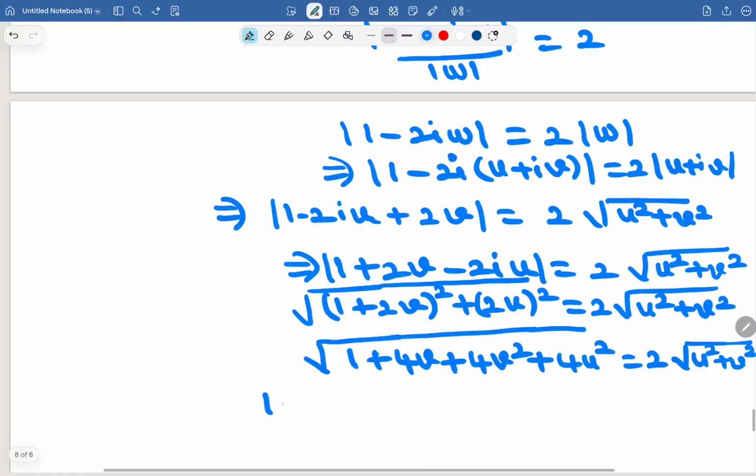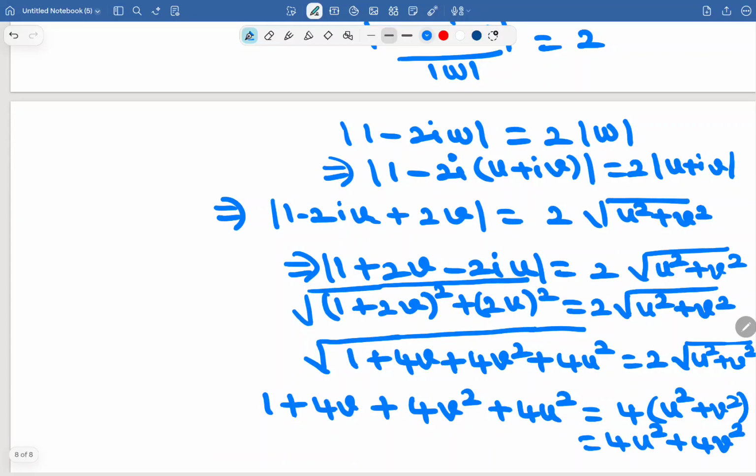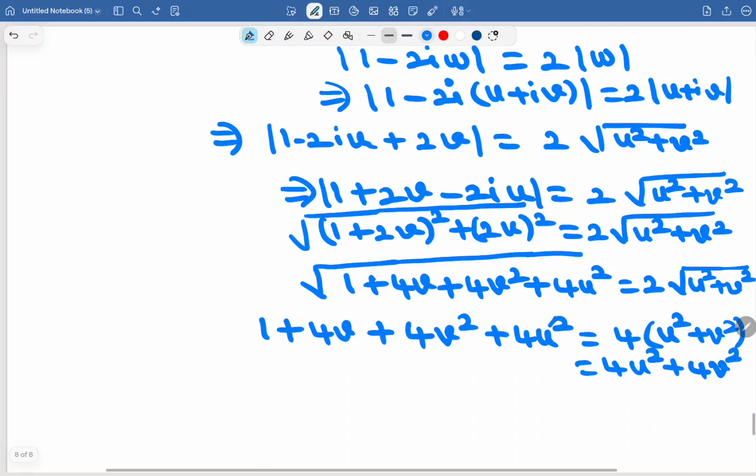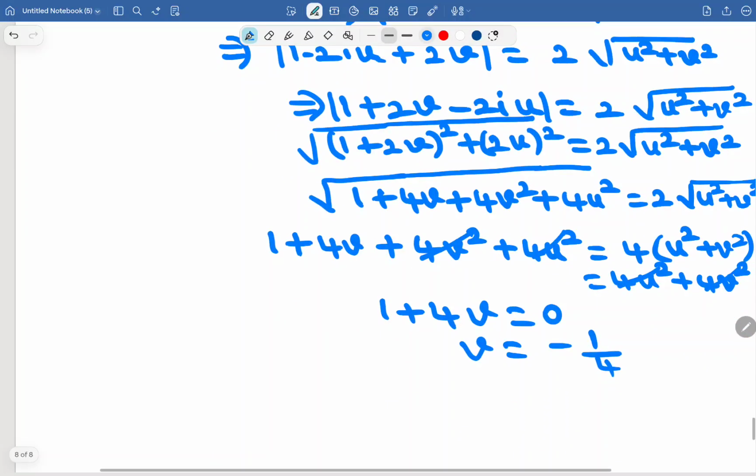Squaring on both sides, 1 plus 4v plus 4v square plus 4u square equals 4 into u square plus v square, which is equal to 4u square plus 4v square. 4u square cancels, 4v square gets cancelled. 1 plus 4v equal to 0, v equal to minus 1 by 4.